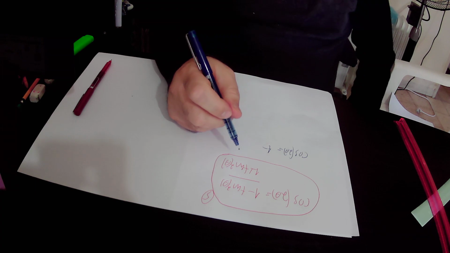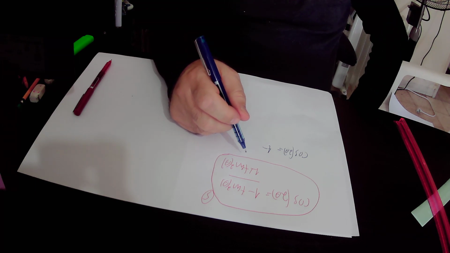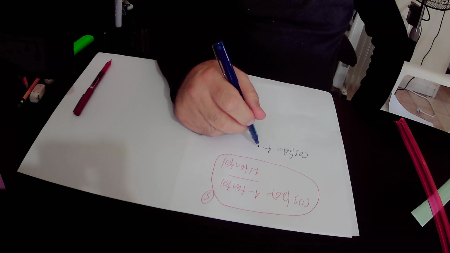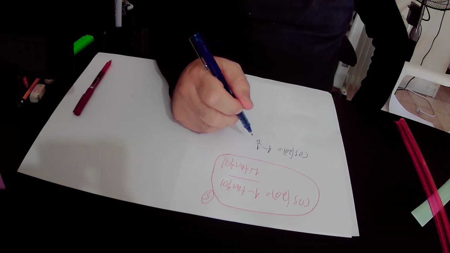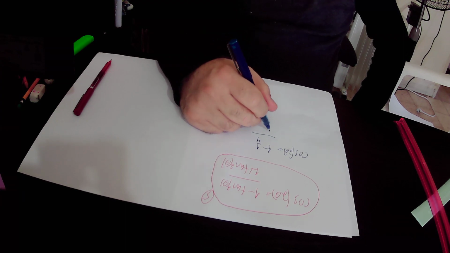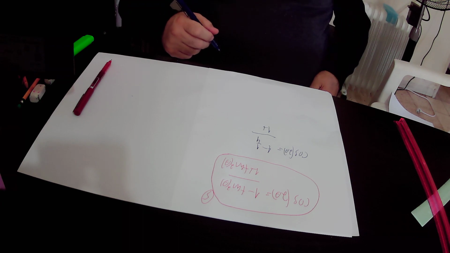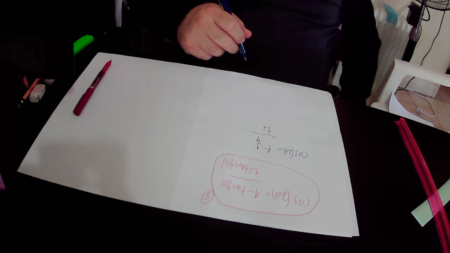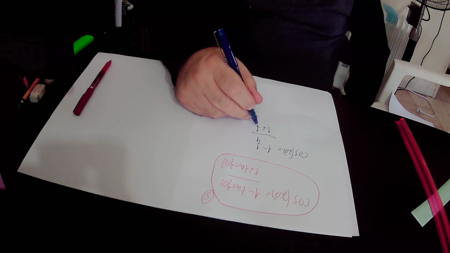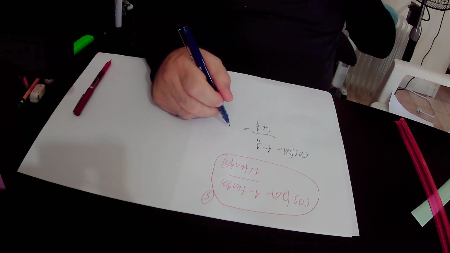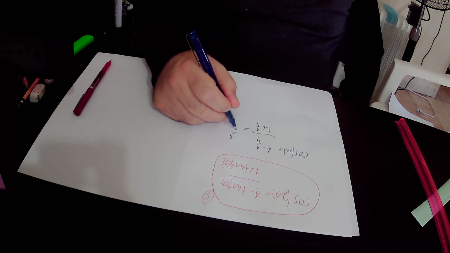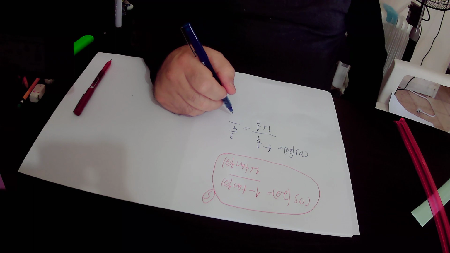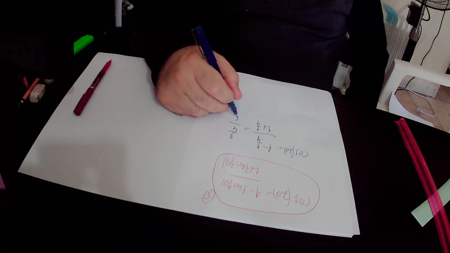We get that cosine 2 theta equals 1 minus tangent squared theta, tangent theta is 1 half, so tangent squared theta is 1 half squared, that is 1/4, over 1 plus tangent squared theta, which is 1 plus 1/4. 1 minus 1/4 is 3/4, and 1 plus 1/4 is 5/4.